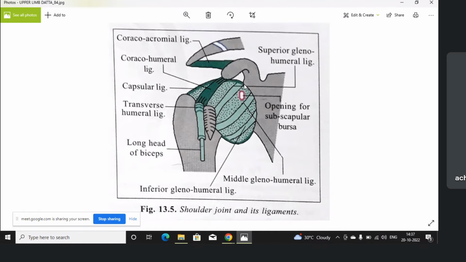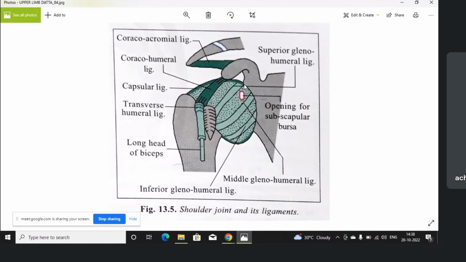It runs downwards and finally attaches to the anatomical neck of the humerus.